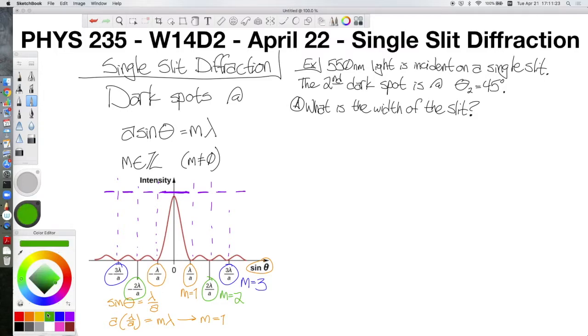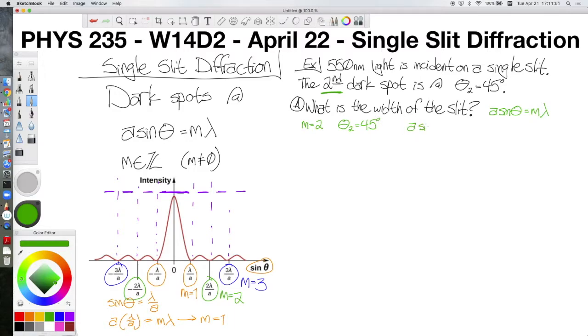We're dealing with dark spots from a single slit interference pattern, so we're going to be using the equation a sine theta equals m times lambda. We have information about the second dark spot, so we're going to be using m equals 2 here, and theta 2 is 45 degrees. And we know our wavelength, so we can now plug in.